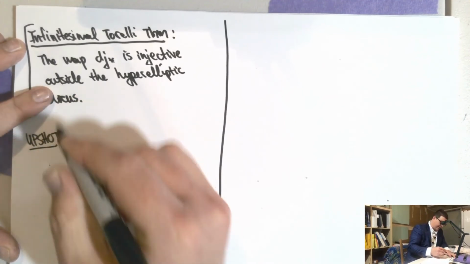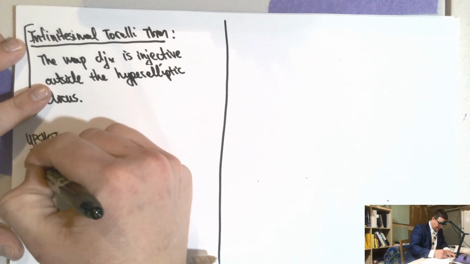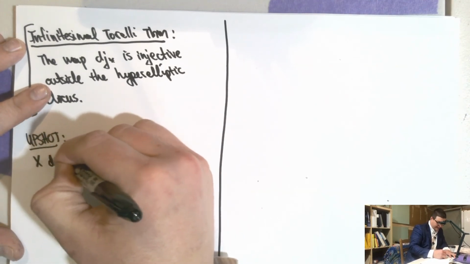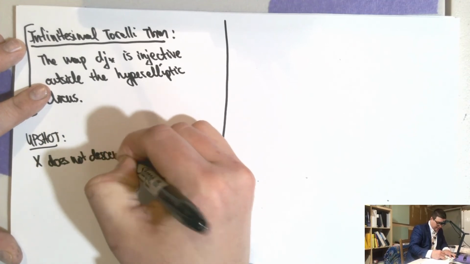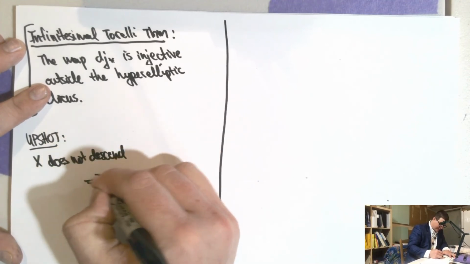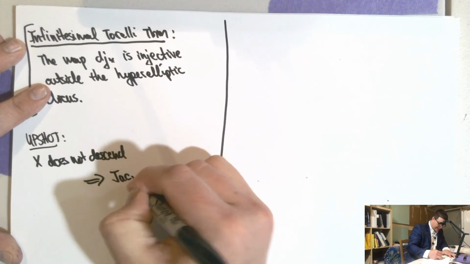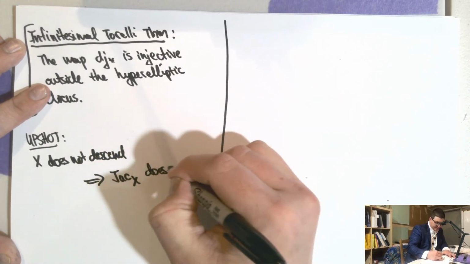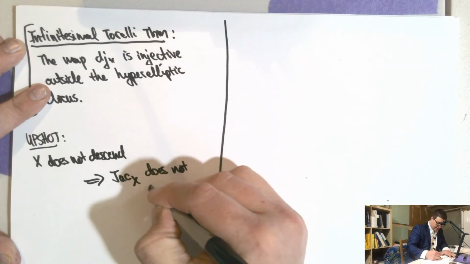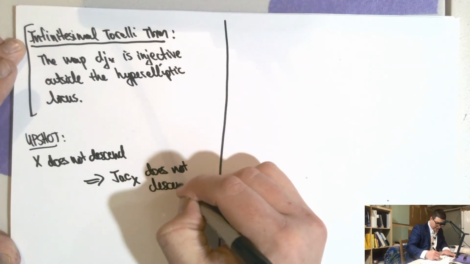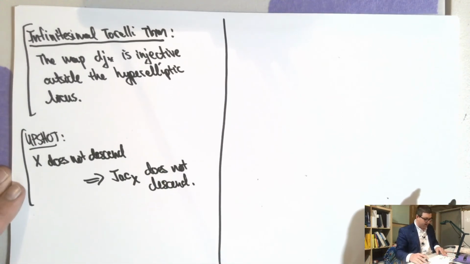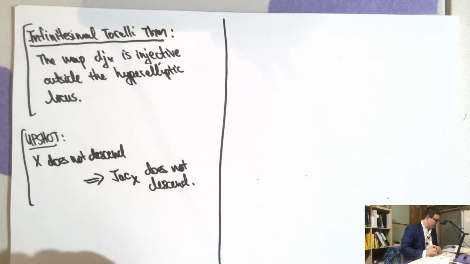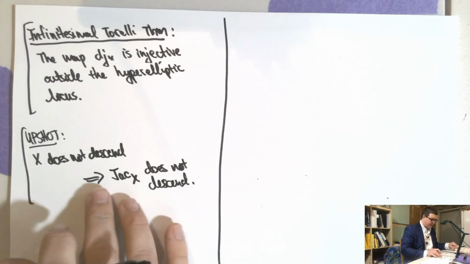is that if X does not descend to the constants, then this implies that the Jacobian of X does not descend. Okay, and actually, the ones that do descend can be cut out by a differential algebraic variety.